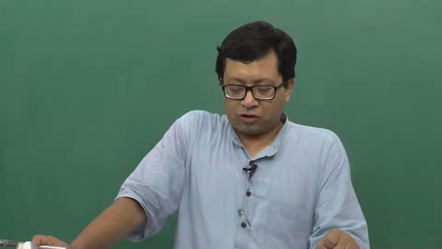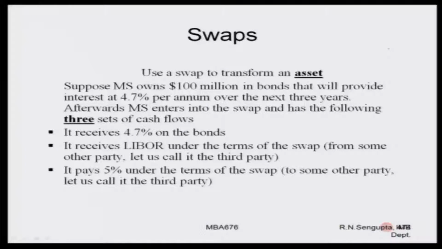Now, suppose Microsoft owns again, the same problem, 100 million in bonds that will provide an interest rate of 4.7% per annum. This is the risk free interest rate per annum over the next 3 years. Afterwards, Microsoft enters into a swap and has the following three sets of transactions. It receives 4.7% on the bonds, it receives LIBOR under the terms of the contract, it pays 5%.